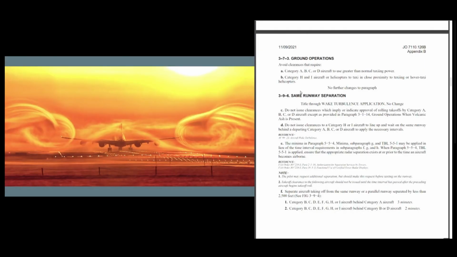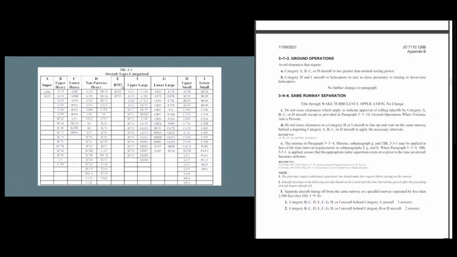We'll start here at the tower environment. So what exactly did we do here? Basically, we've taken the conventional wake turbulence aircraft categorization, small, large, heavy, and super, and we've broken them down into A through I. You can see the breakdown here of the different aircraft. Your A is your super, which is very rare.